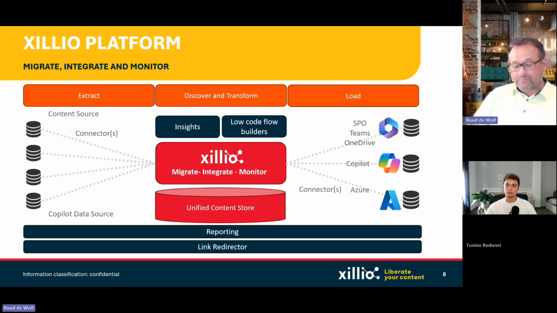But what happens if, during the discovery phase and the analysis phase, it turns out that your data set is too large, or there is a migration strategy in place where you want to migrate per department, maybe even over a longer period of time? That means that certain departments are already using, let's say, SharePoint, and other systems are still using the old platform like OpenText or whatever.